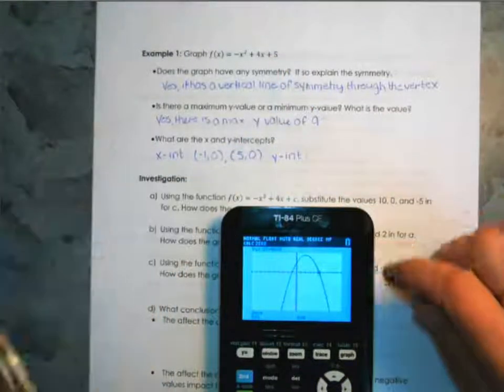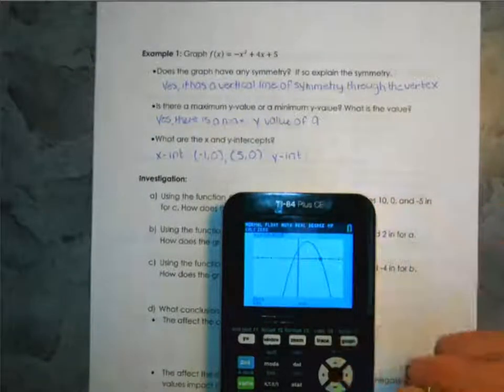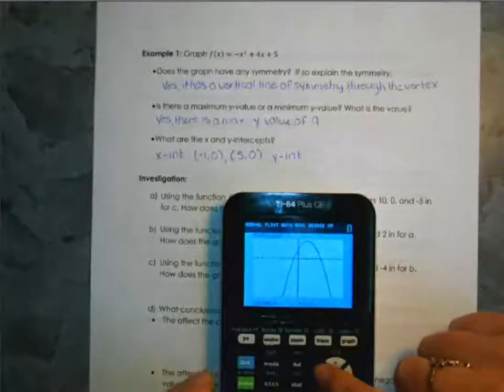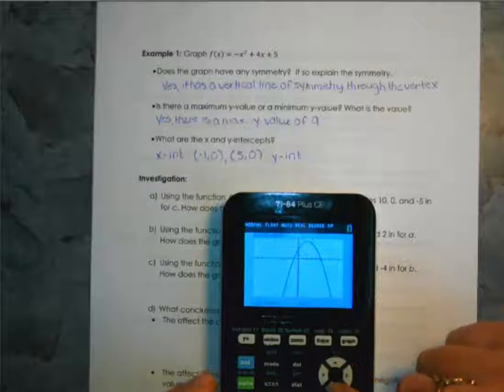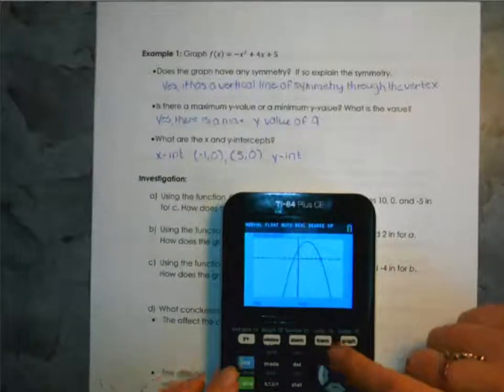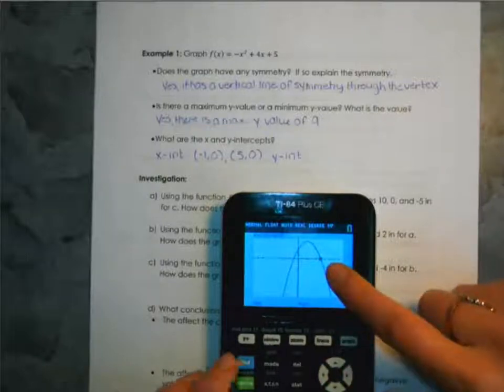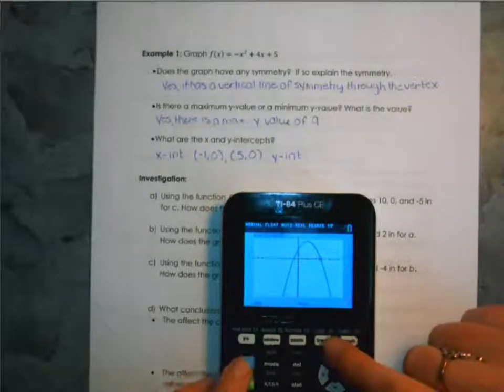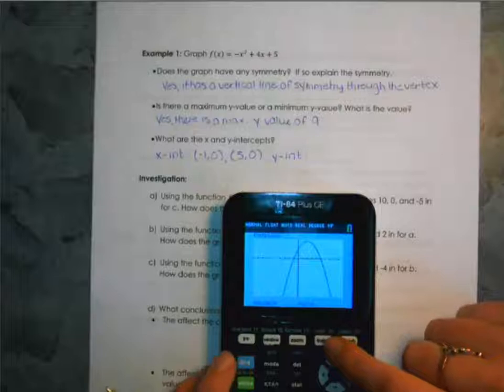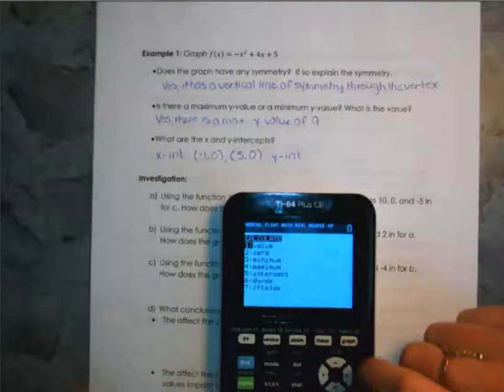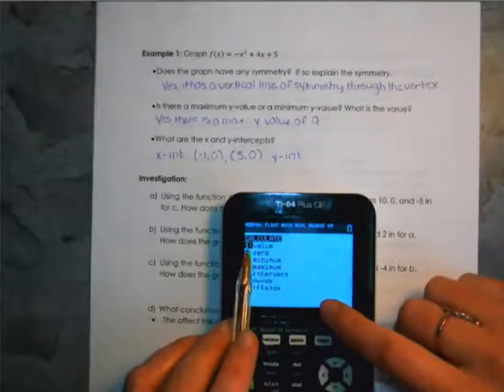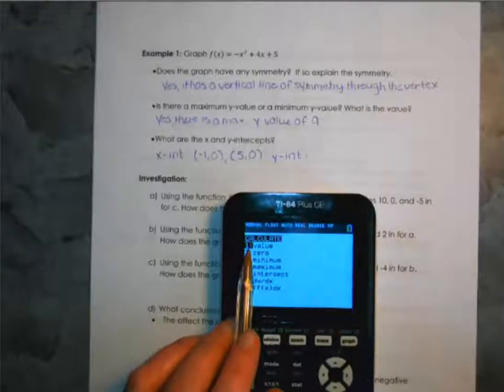Okay, and then for the y-intercept, last time I showed you, you can just do the trace. See, sometimes this is why I don't really like doing the trace one. So usually what I'll do if I'm trying to find the y-intercept is I hit second function trace, and I just enter number 1, so the value.